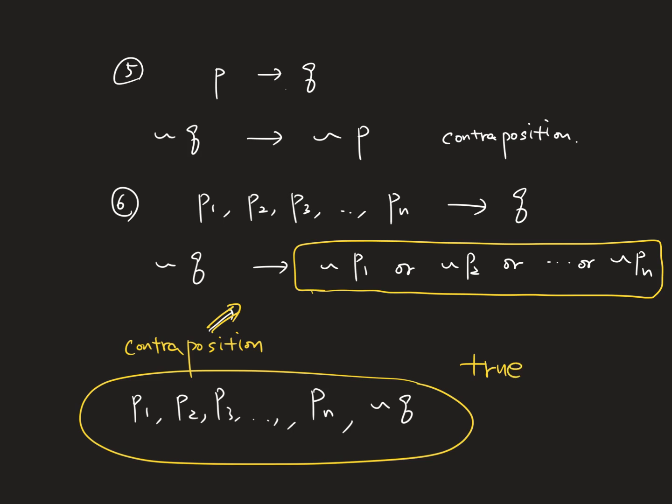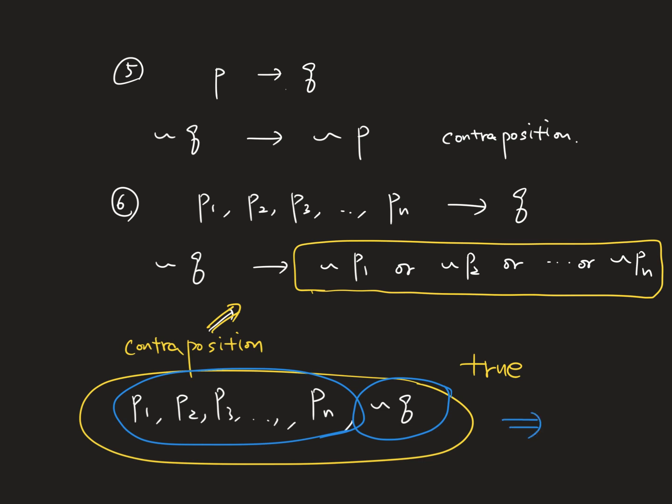The n conditions are already mentioned here, but you add that Q is false. So you include not Q in the assumption, and then you just derive equations logically. Then you're going to find something strange.